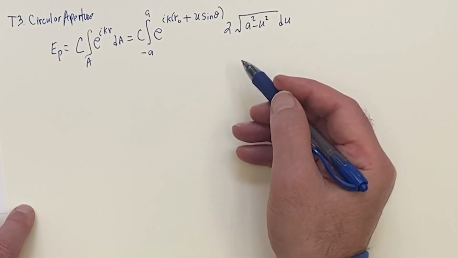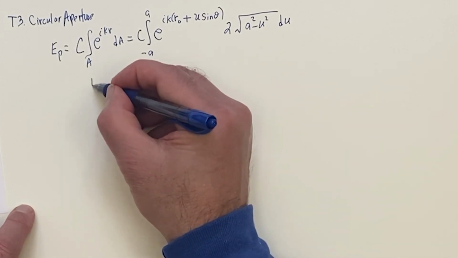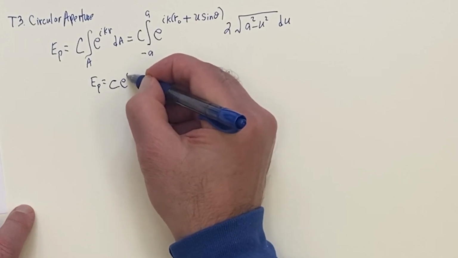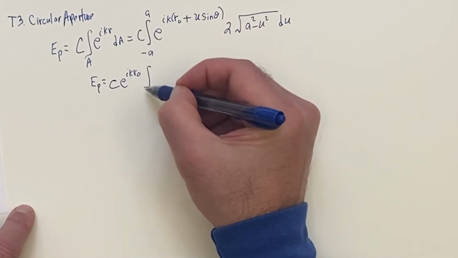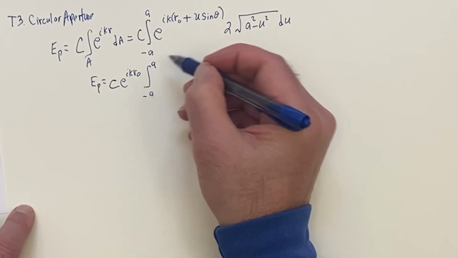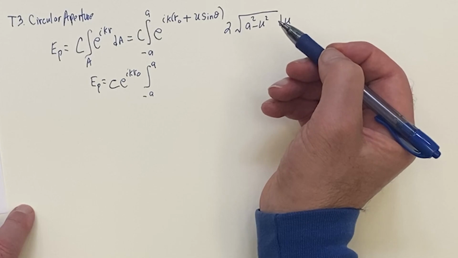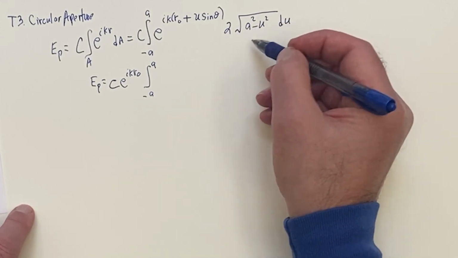So what we'll do here is, first of all, with the C, we'll pull out the e to the i k r naught, which we had done before, and go from minus A to plus A. And how about if we pull out an A also?